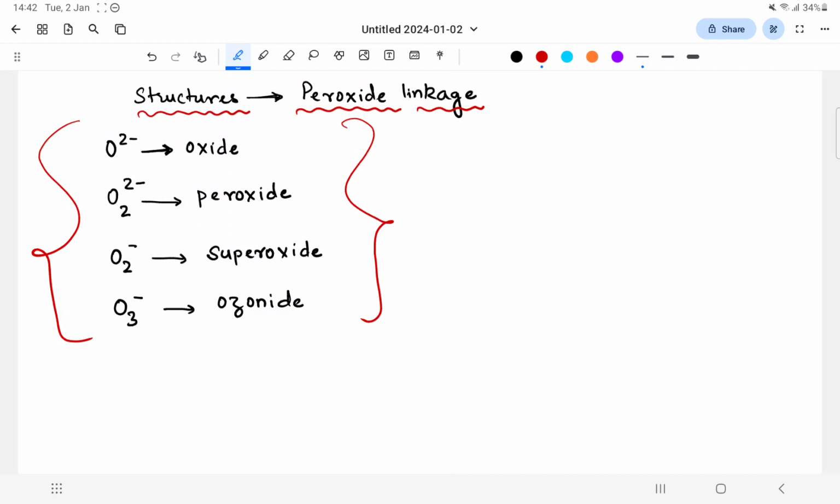The problem basically comes when we are given a particular question in which we are asked to calculate the oxidation number of the underlying element. And guys, this type of numerical you would have seen in competitive exams, especially JEE and NEET. But nowadays, even in CBSE, they have introduced questions where you are directly asked to find the oxidation number.